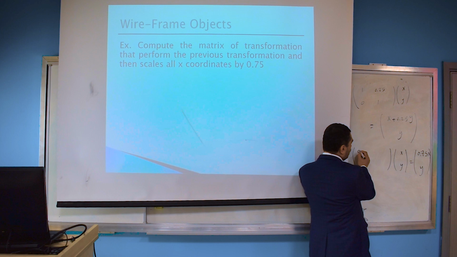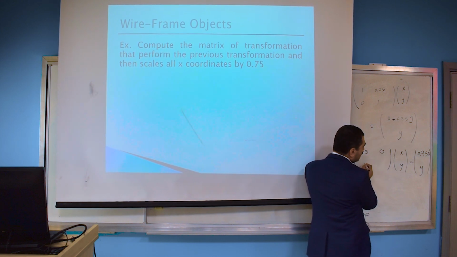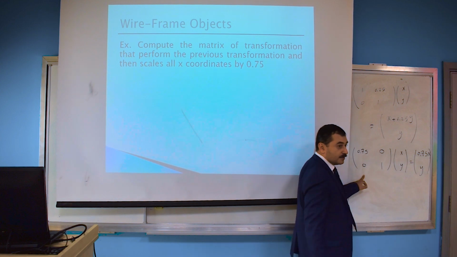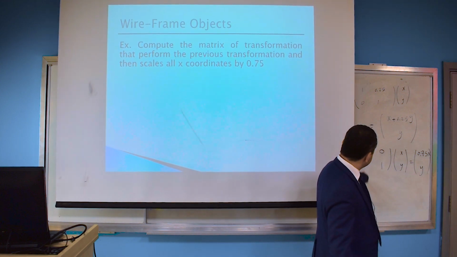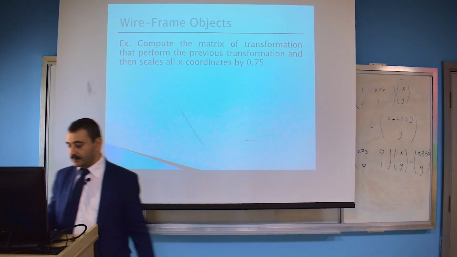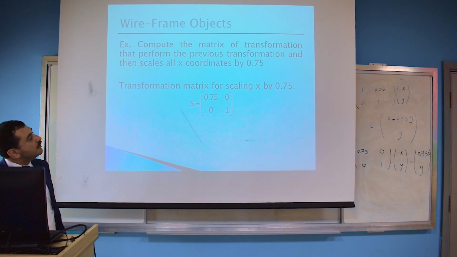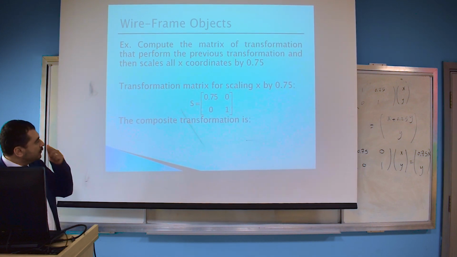So I write here 0.75, 0, 0, 1. If you multiply, you'll get this. So this is scaling x by 0.75. Assume this matrix is S, for scaling.